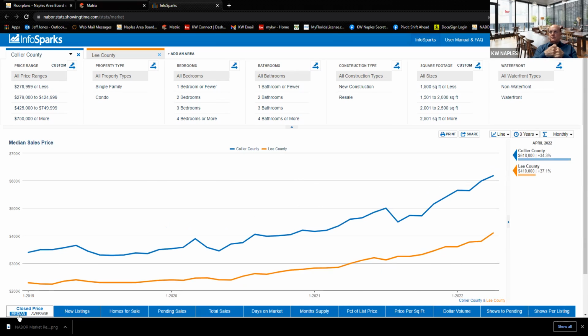The answer is twofold. First of all, there's very little inventory in the under 300,000 price category, which up until pre-COVID was one of the more active ones in Naples.